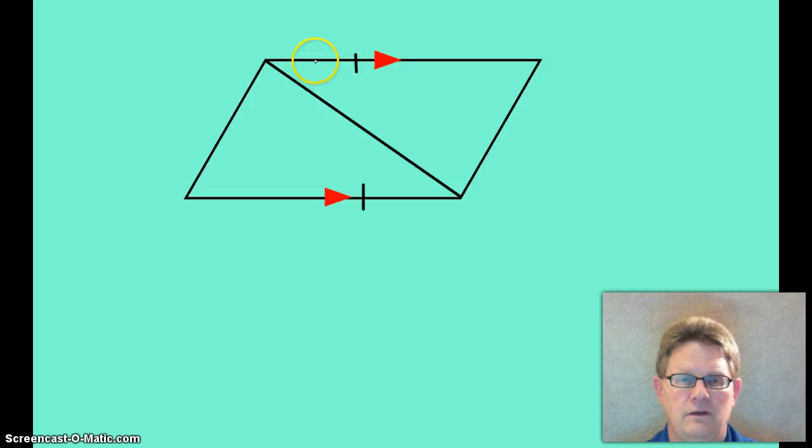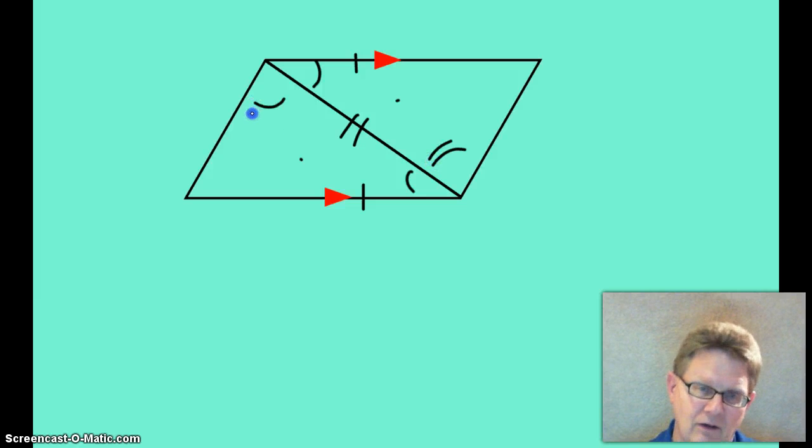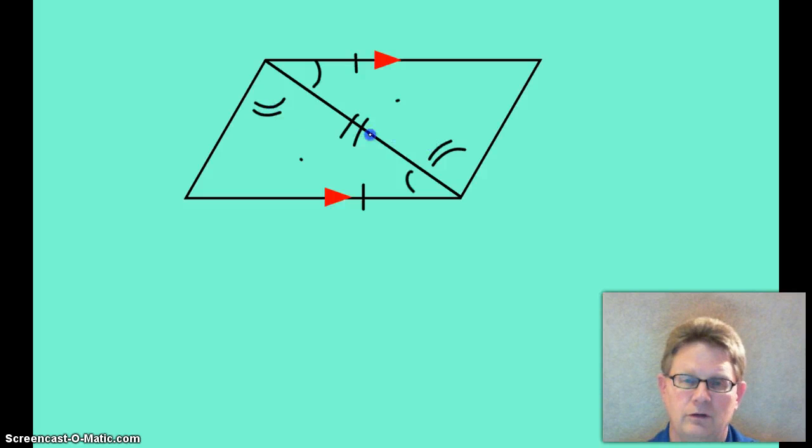Alright, these alternate interior angles are congruent to each other because of these parallel lines. This side is congruent to itself. These two triangles are congruent using the side-angle-side postulate. Then I can say that this angle is congruent to that angle, corresponding parts of congruent triangles are congruent.